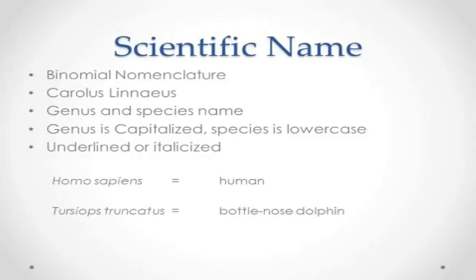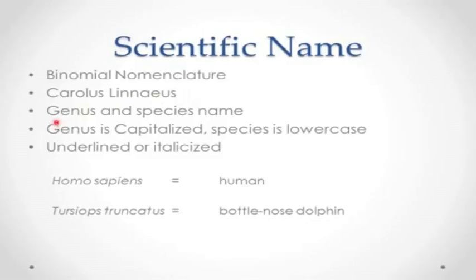And so we just said Ursus arctos was the scientific name for the grizzly bear. And what that means is there's a system for naming organisms called binomial nomenclature, and it was described by Carolus Linnaeus. That's the scientist's name. He came up with binomial nomenclature.